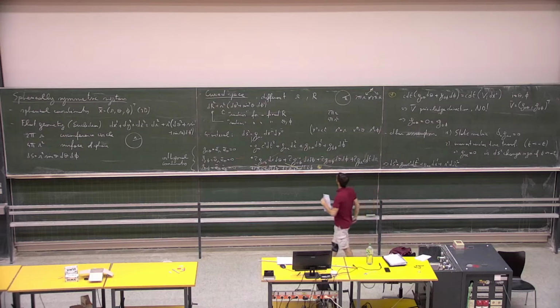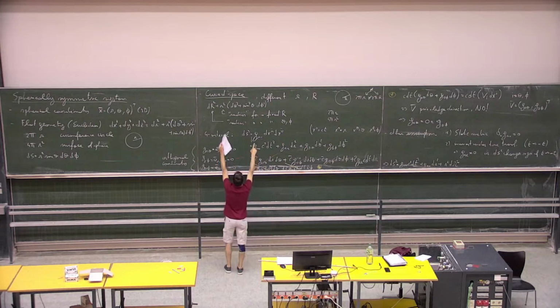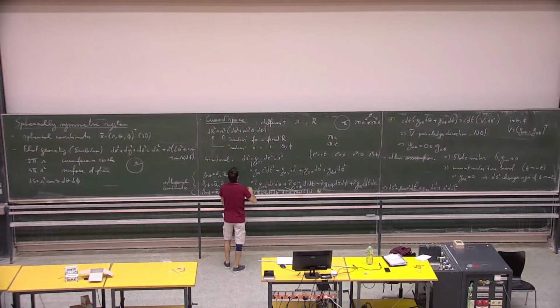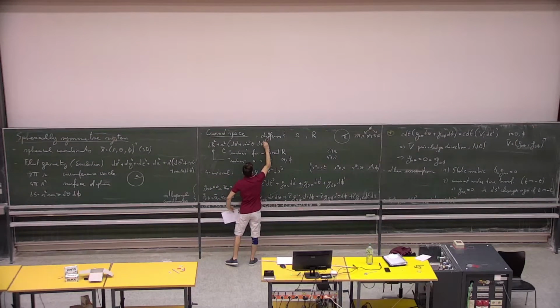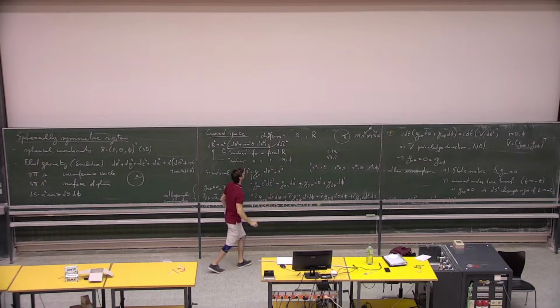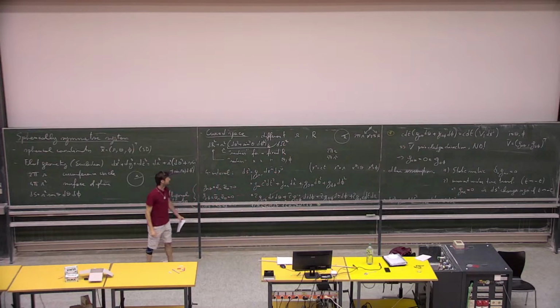Where now the omega, up there, is referring to this d theta, that contains all information about the angles in the metric.